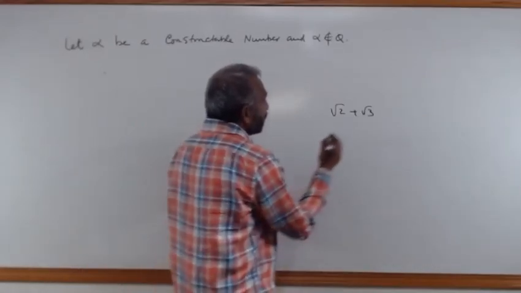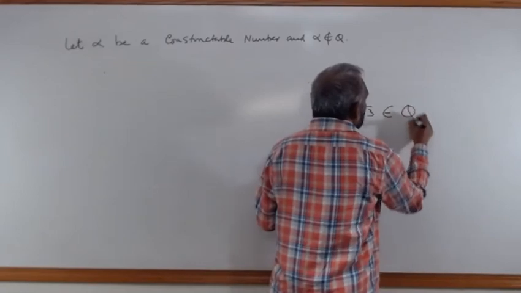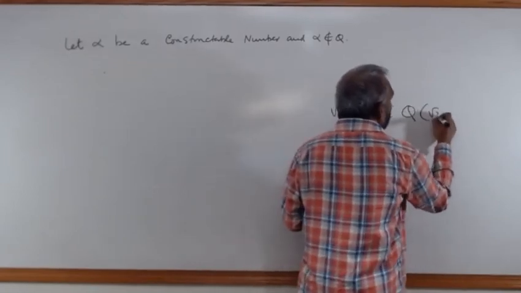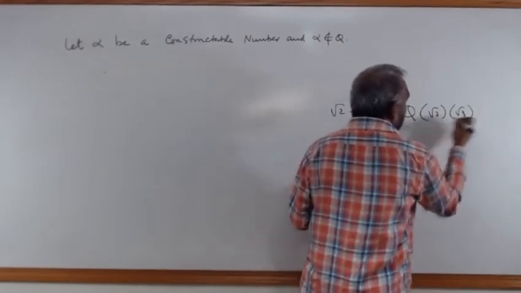See, this belongs to Q of root 2 comma root 3.